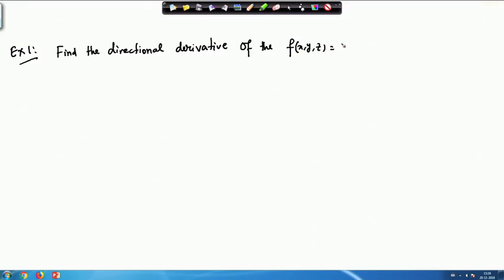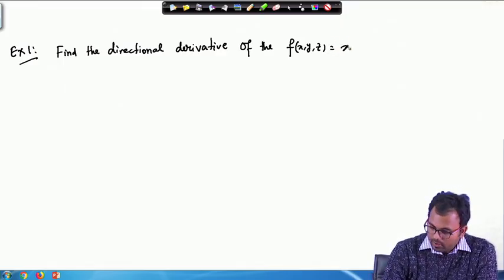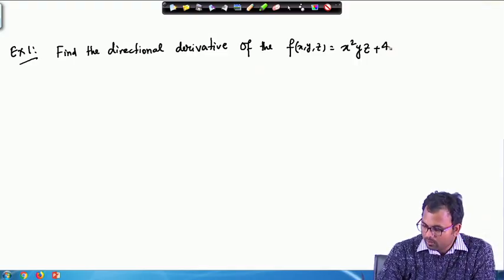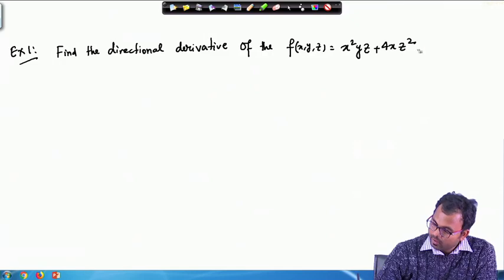So we have a function in 3-dimensional geometry. This function is x square y z plus 4 x z square, at the point.